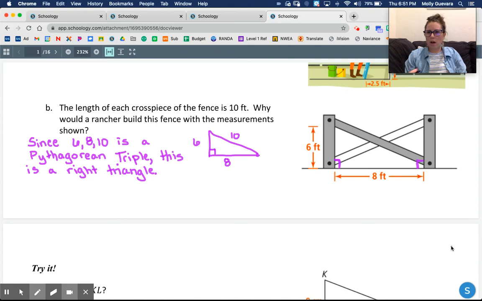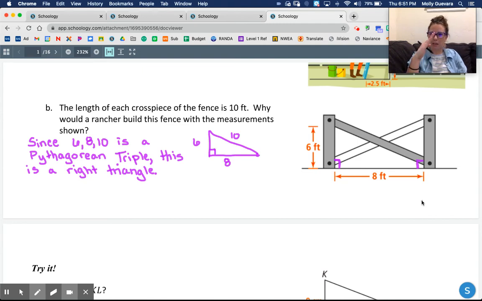So why would a rancher want the vertical posts of his fence to be 90 degrees? Well, if we think about it, vertical posts, if they're perpendicular to the ground, if they cross the ground at 90 degrees, that's their most stable position.